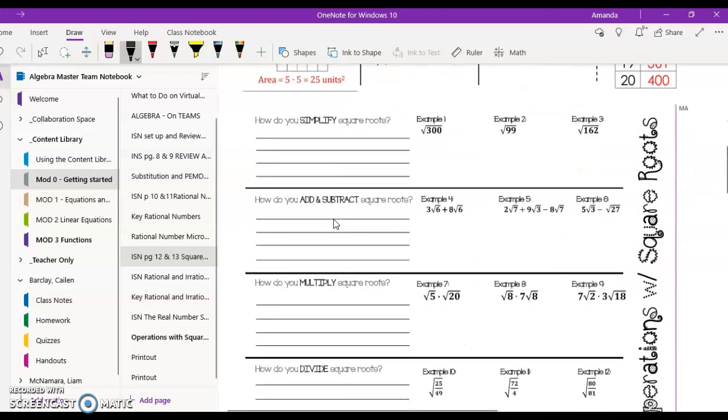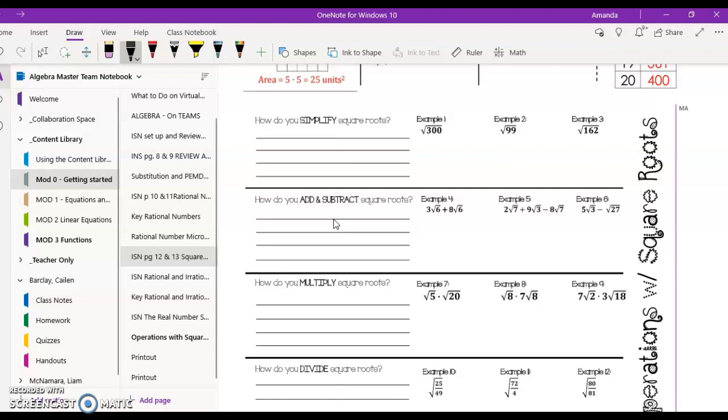Then operations with square roots. I'm going to list the notes and I'm going to go over some of the examples. But when you're looking at this, how do you simplify square roots? When you are simplifying square roots, you're going to see the answers will often still have a square root sign. That's because that's the most accurate way to write it.